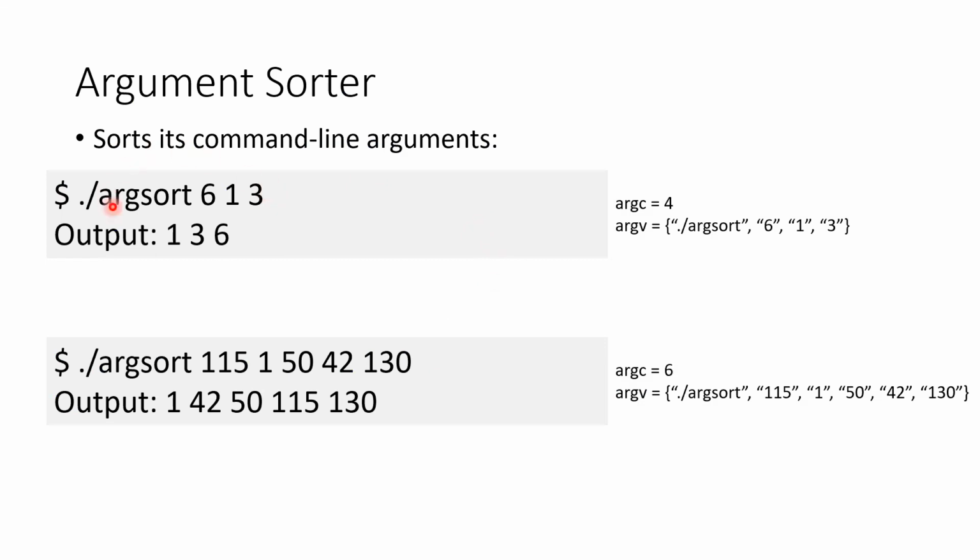What you will have in your argc is the number of arguments, and the first argument is always going to be the program name itself. Then you will have, in the form of characters or character arrays, each of the numbers that you will need to work with, and the output will be the sorted list of the numbers.